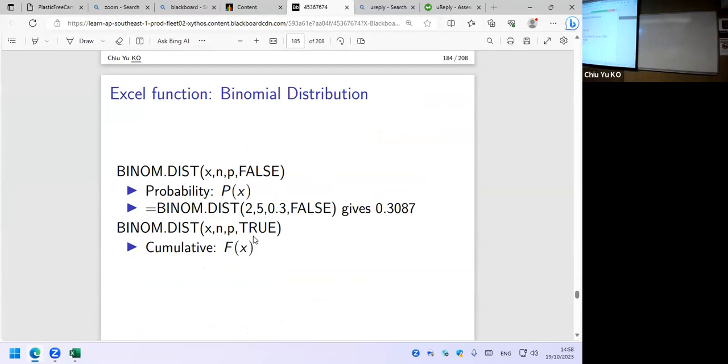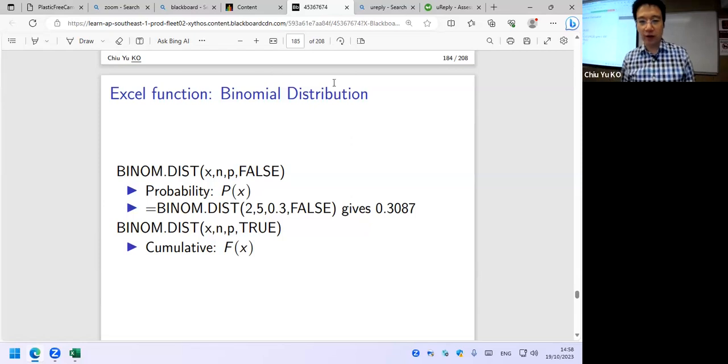Okay. Nothing new here. So if you still recall, the binomial question is, I have a restaurant. Each customer has probability 0.3 that he likes spicy food. Right? The question is asking, what is the probability that 2 of these customers out of 5 like spicy food?